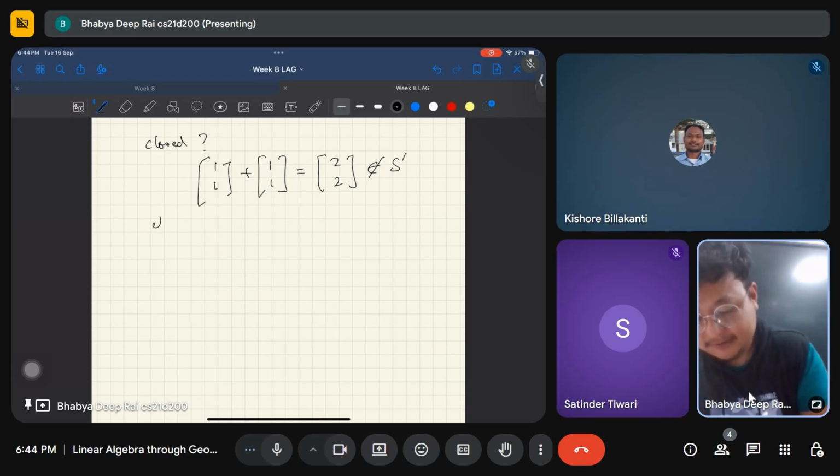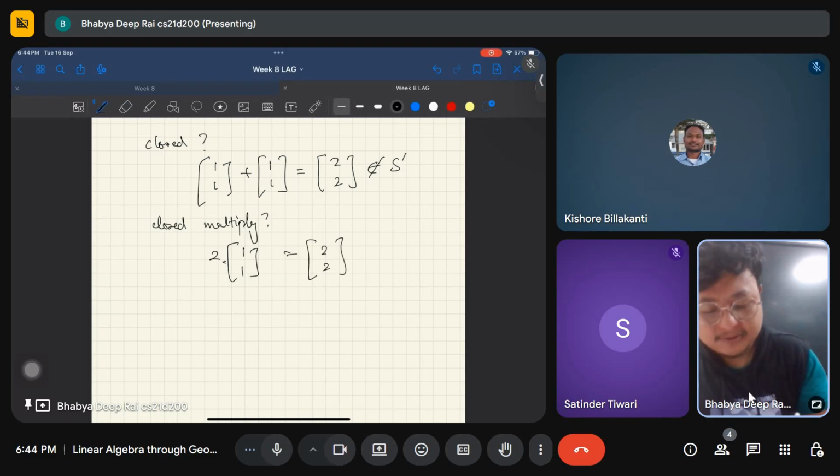Is it closed under scalar multiplication? k times (1, 1), let's say 2 times (1, 1), equals (2, 2), which does not belong to S prime. This is also violated. Any one violation is enough, and the 0 vector, more specifically, does not belong to S prime either.